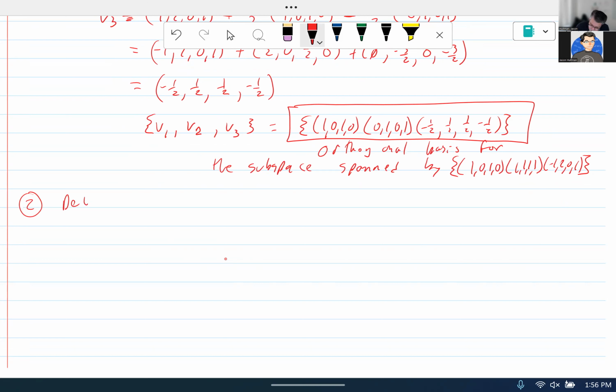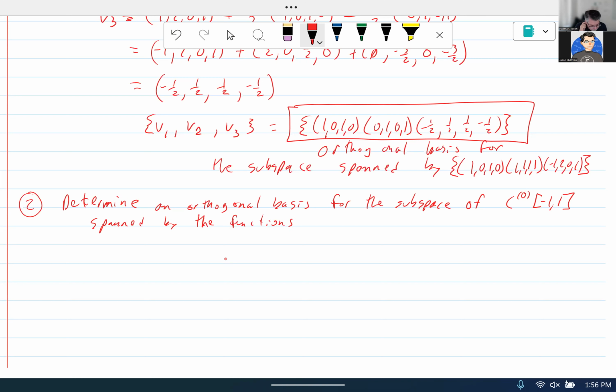To determine an orthogonal basis for the subspace of P naught from -1 to 1 spanned by the functions f1 equals x, f2 equals x cubed, and f3 equals x to the fifth.